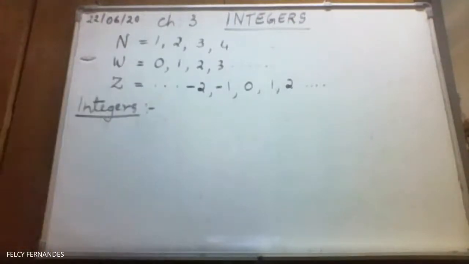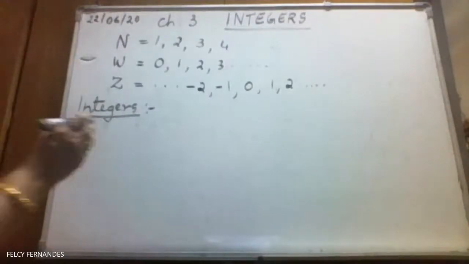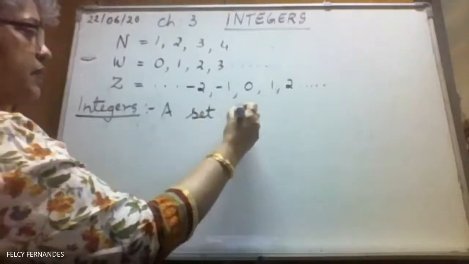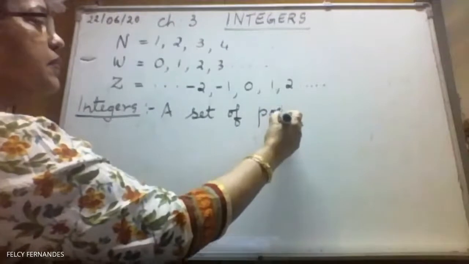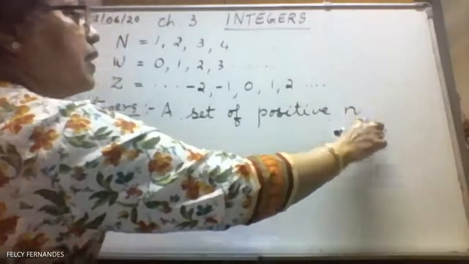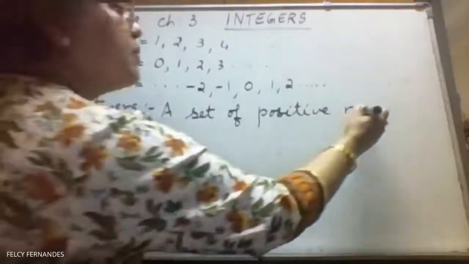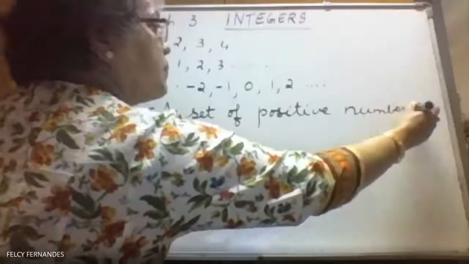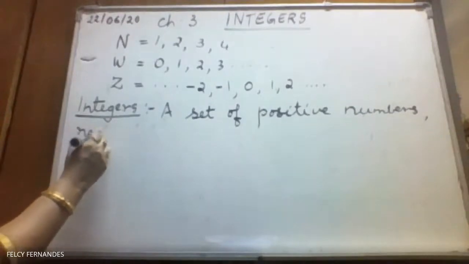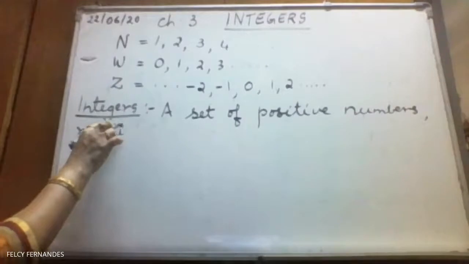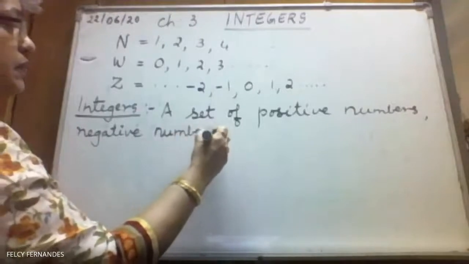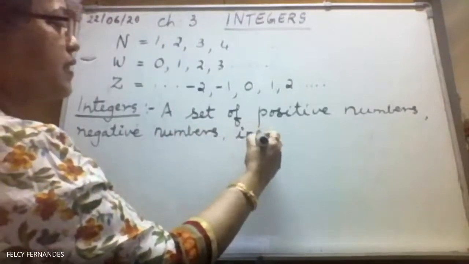Side heading, integers. Under that, write down a set of positive numbers, negative numbers, including 0.